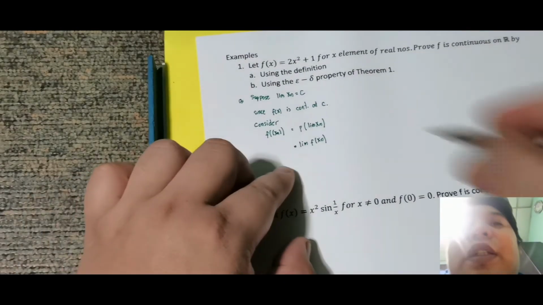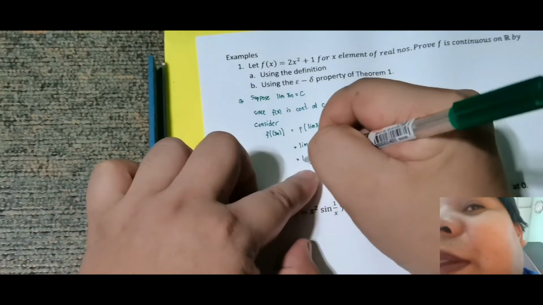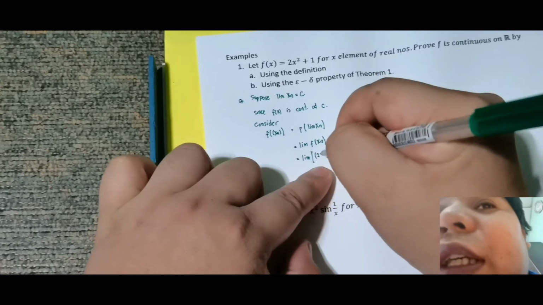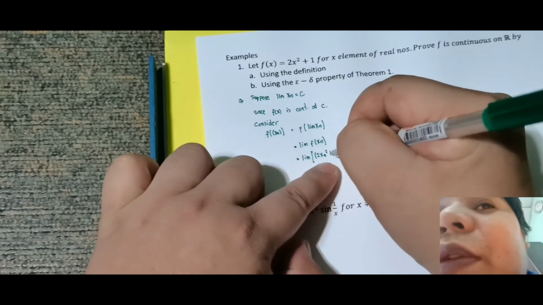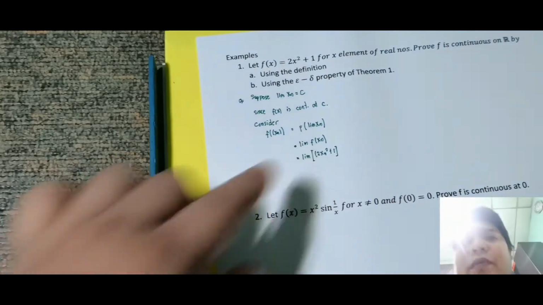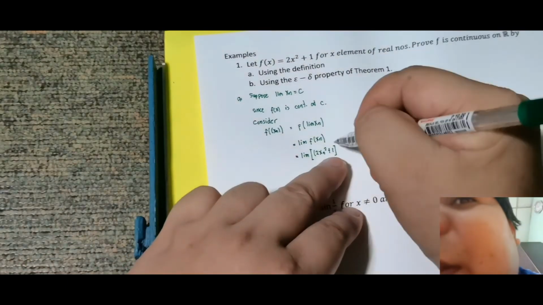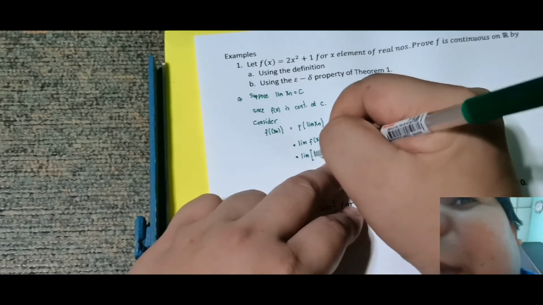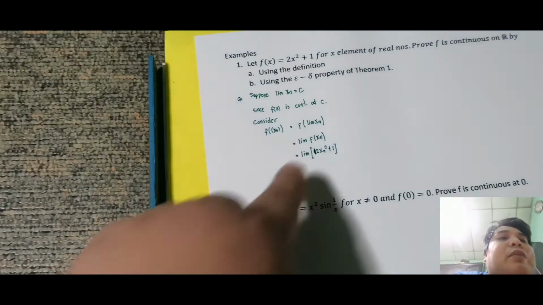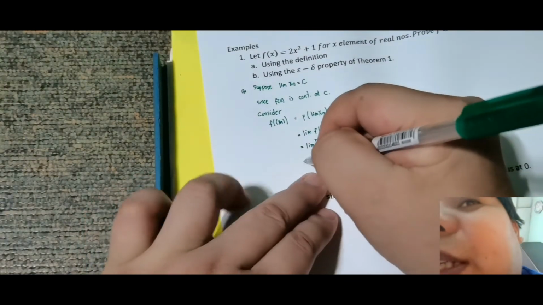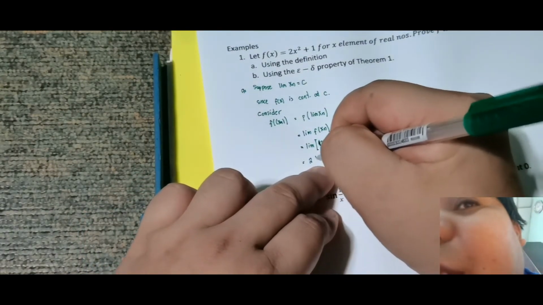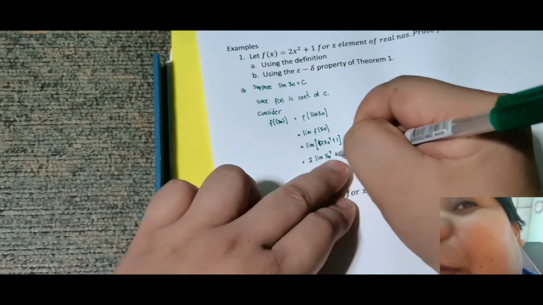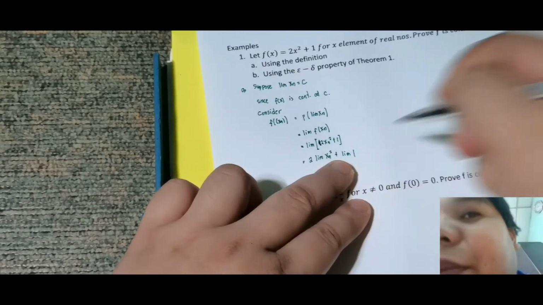Then this is equal to the limit of 2x sub n squared plus 1. Next, applying the limit, this is equal to 2 times the limit of x sub n squared plus the limit of 1.